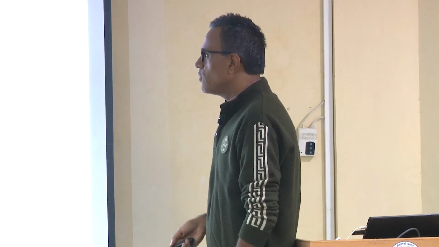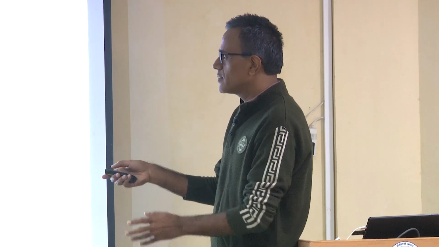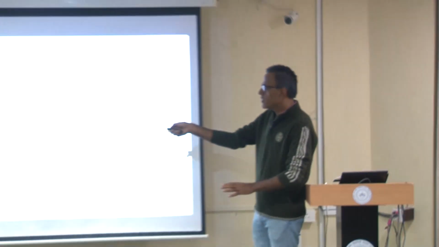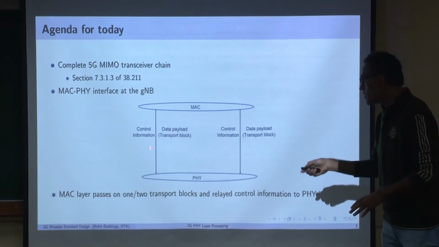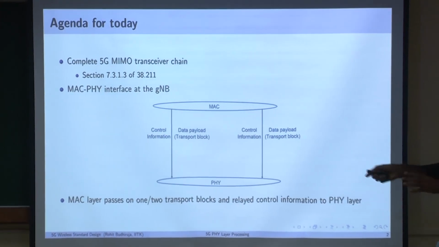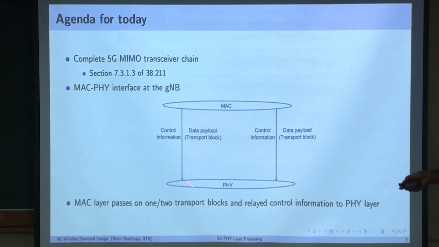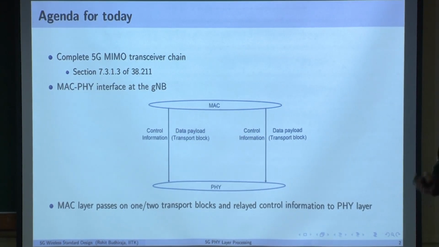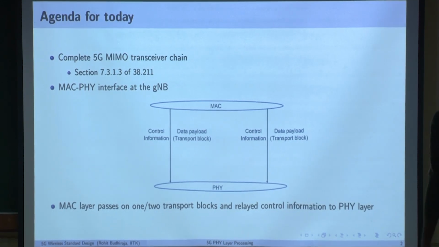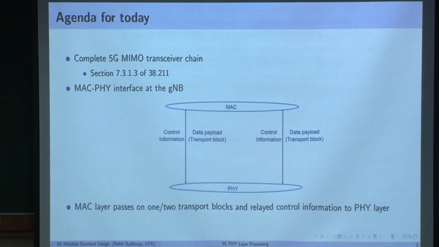Now what is happening? We have seen the 5G MIMO transceiver chain, but this is a reference, and we understand this. This is what we are going to focus on: why it is implemented like this, why there is only a maximum of 2 transport blocks, even though the number of layers can go up to 8.